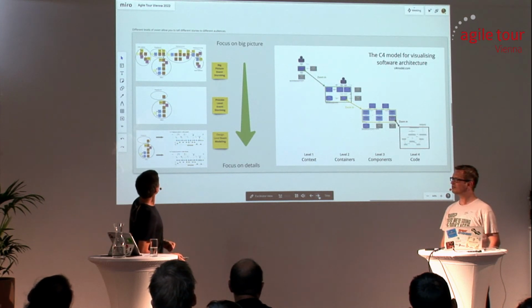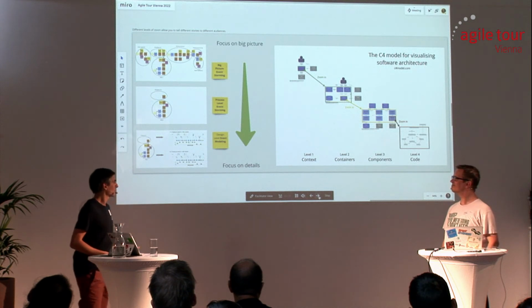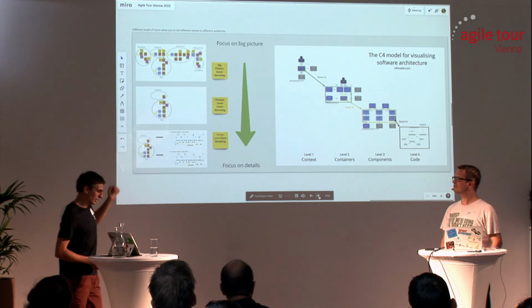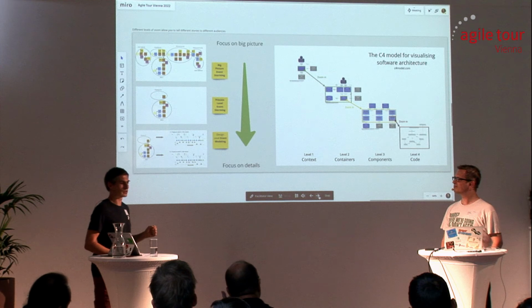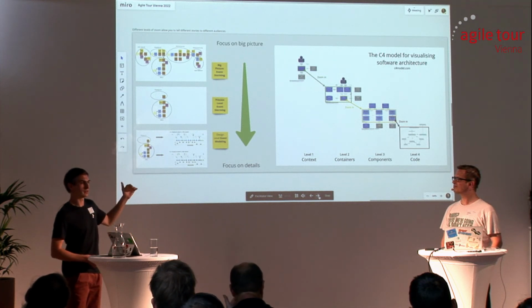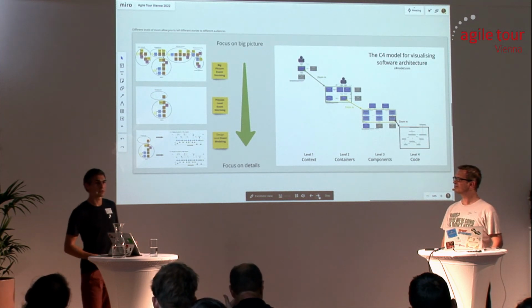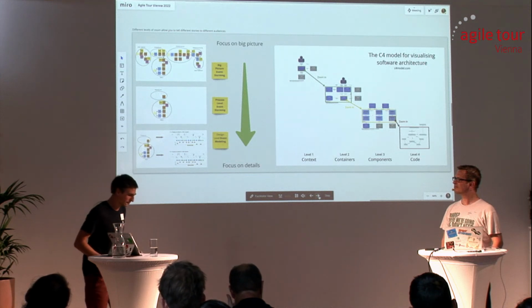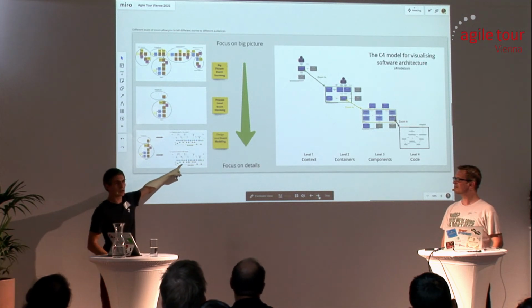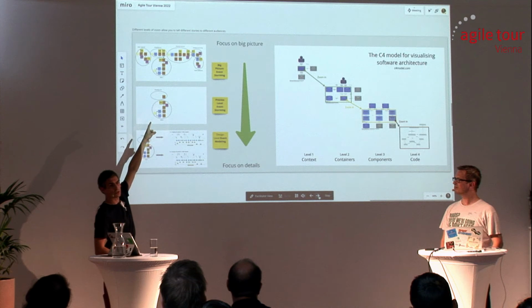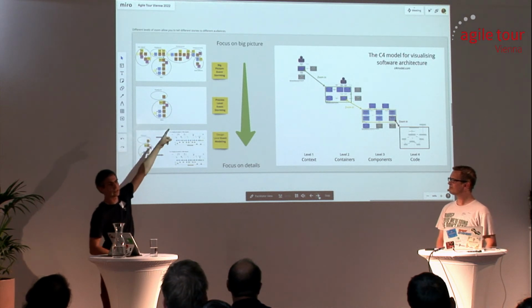The point of this is, if we have these different abstraction levels, we can also talk to different audiences. Because if we talk to the management and we need some key decisions, we don't want to talk about all these details, but we want to talk about the big picture, the process level.